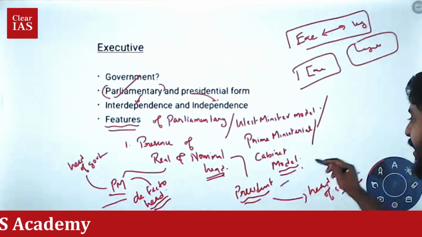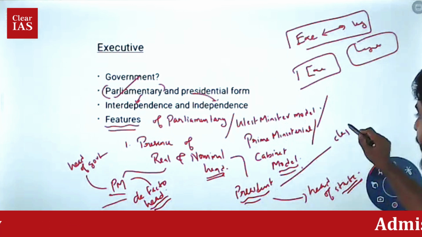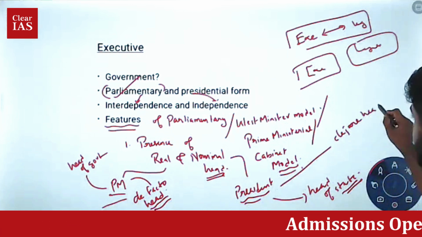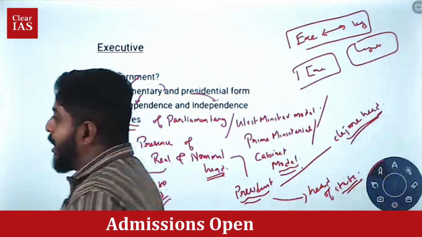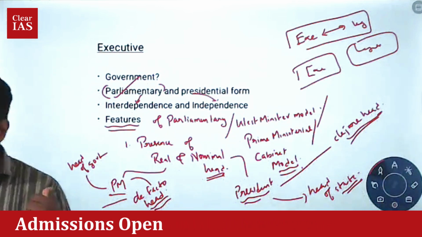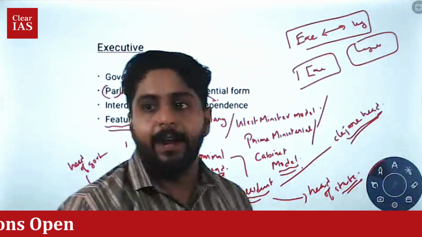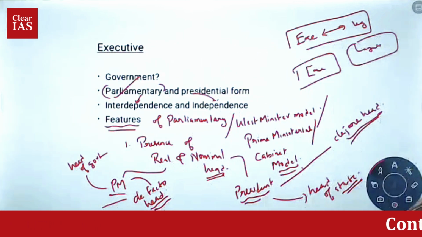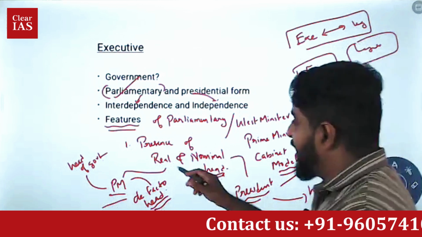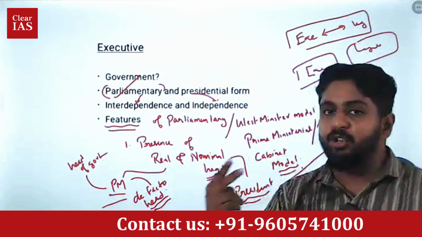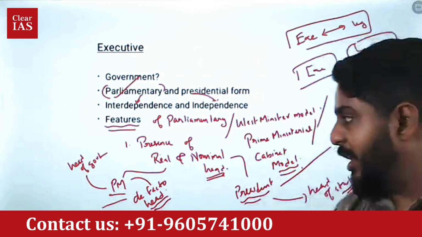The President is also known as the de jure head. So the first feature is presence of real and nominal head, that is two heads, Prime Minister and the President of India.